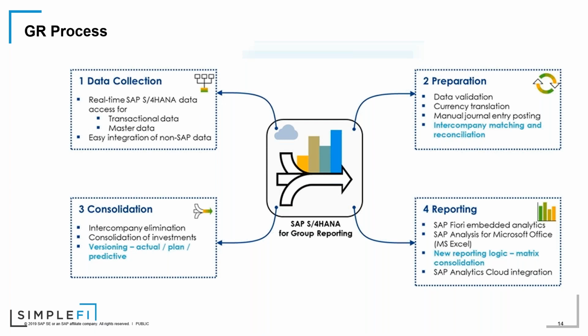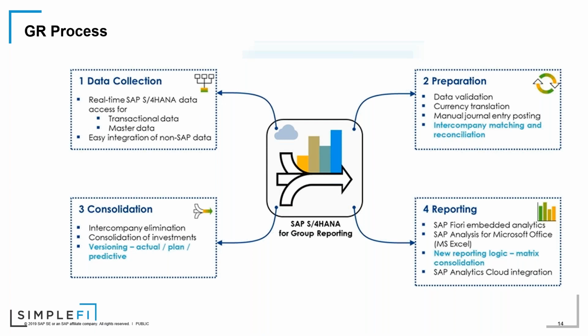So we could have a European consolidation currency translation version for our European groups. We could have an APAC, US, all separate on different groups, and then you can have your core version as well that all the data comes into.